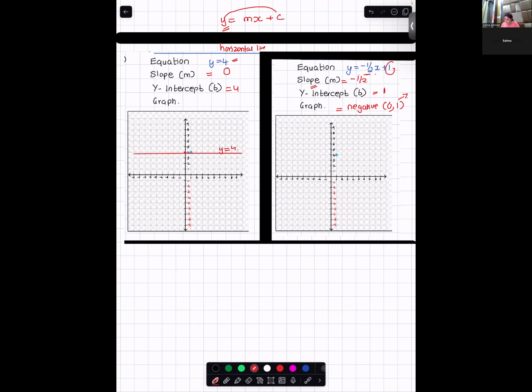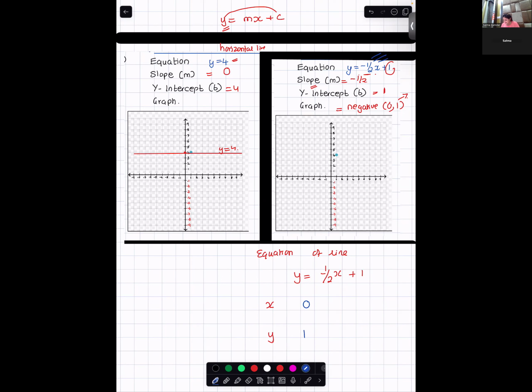Now to make the equation, I need 2 points. So the equation of the line is y is equal to minus half x plus 1. One point I got from the equation itself: x is 0, y is 1.